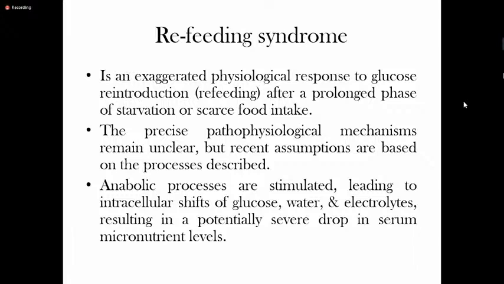And this is usually after a prolonged starvation or a scarcity of food, okay? So malnutrition due to starvation or low food intake may give you, when you start feeding these people, the glucose may give you a syndrome, and this syndrome is called refeeding.